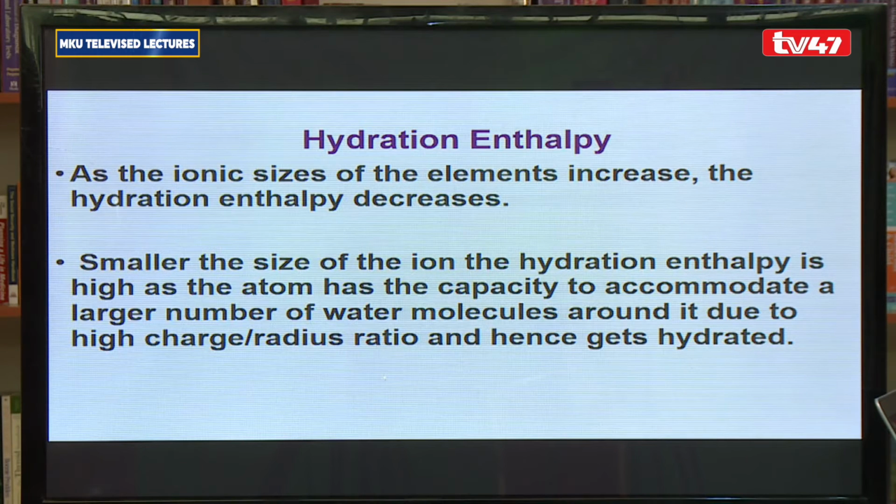When the atomic or ionic sizes are smaller, the atoms are able to attract water molecules towards themselves, and so they become hydrated. So the hydration energy decreases down the group as the size of the atoms increases. So the bigger the atomic radii, the lower the hydration energy.